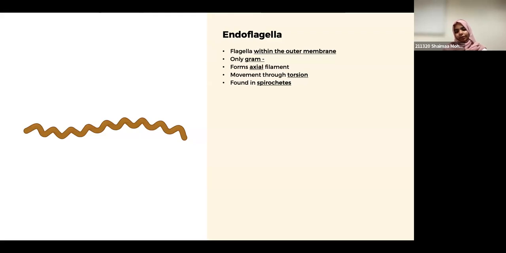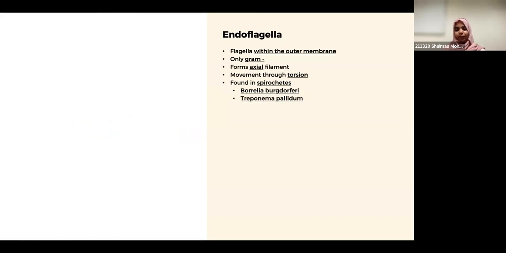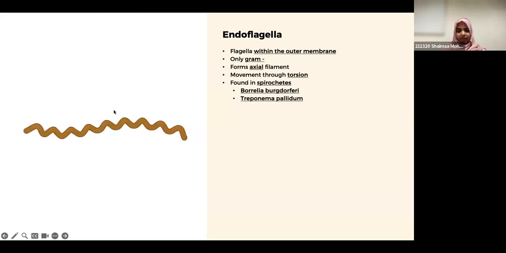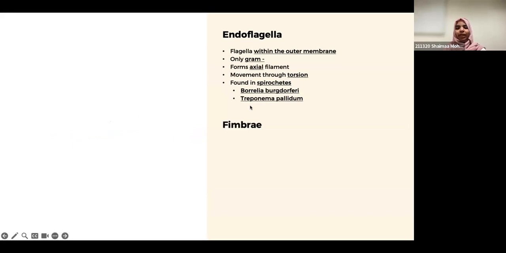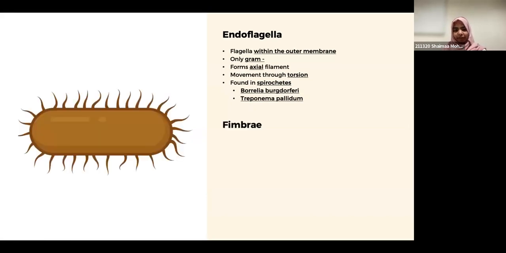Last one. Okay, so Borrelia burgdorferi, I don't know how to pronounce this one, but Borrelia, which is Lyme disease, the one that's transferred through ticks and has the bullseye rash. And then there's the Treponema pallidum, which is syphilis, and as you said, Leptospira too, okay? And they look like this. They're spirochetes, okay? Now let's look at fimbriae, okay?